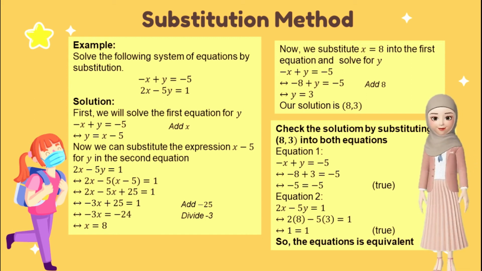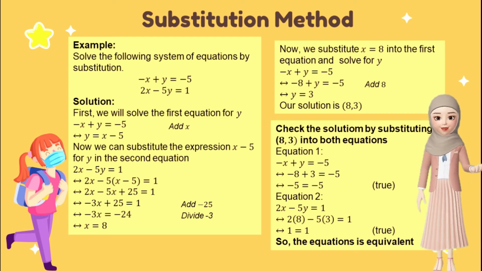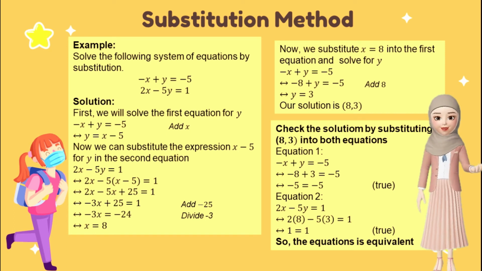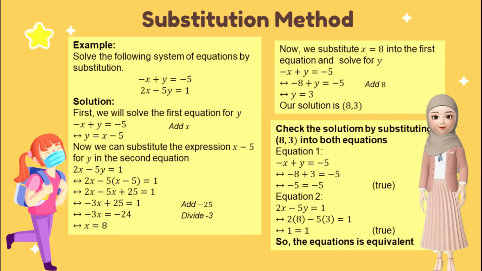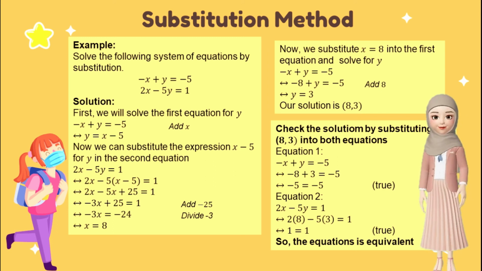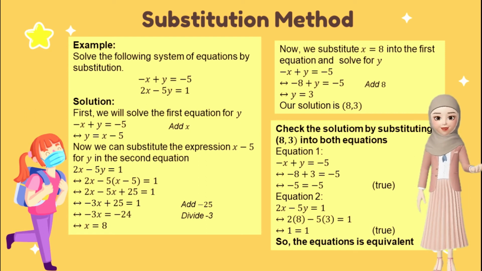The first equation, minus x plus y equals minus 5. We substitute x and y, so we get minus 8 plus 3 equals minus 5. So, minus 5 equals minus 5 is true.